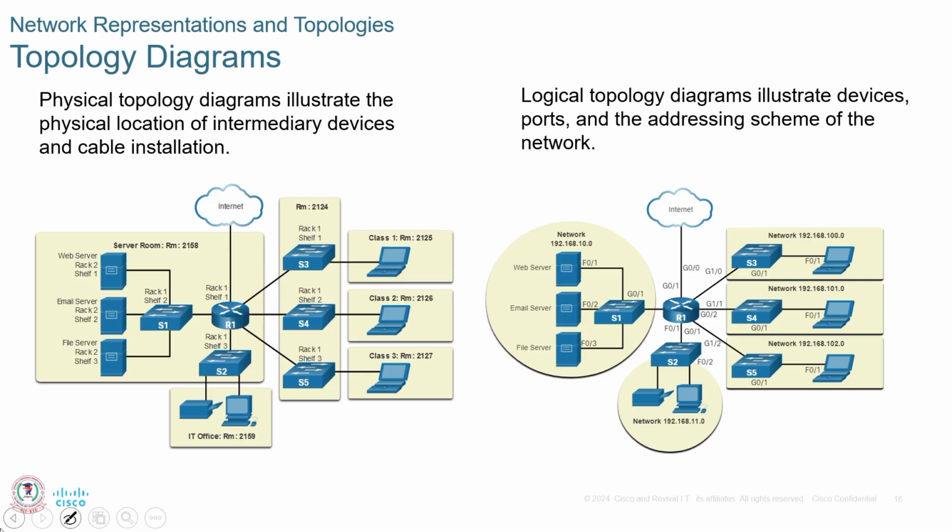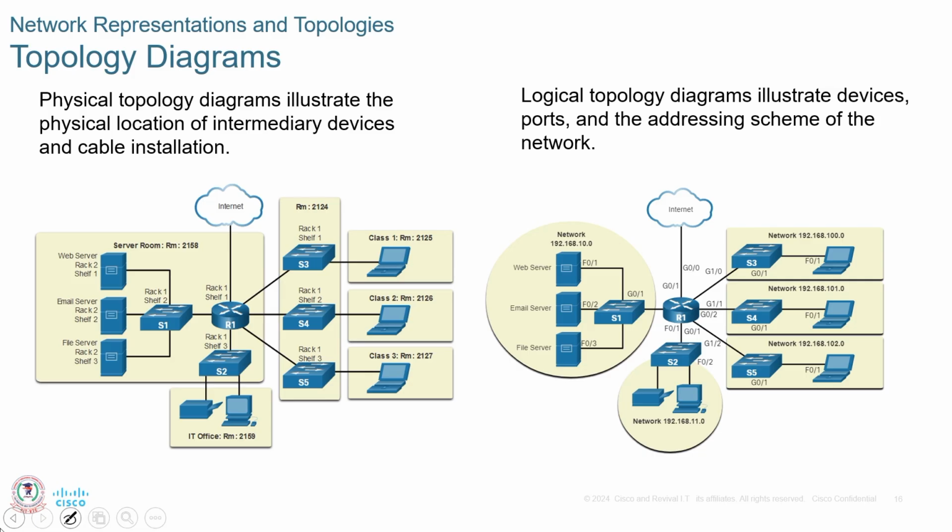Then the logical aspect is when a configuration is being configured due to the services or the functionality you want that network to operate on. And this involves the IP addressing, the IP structure, the protocols configuration, and the different port configurations. These two topology helps the network to operate perfectly.